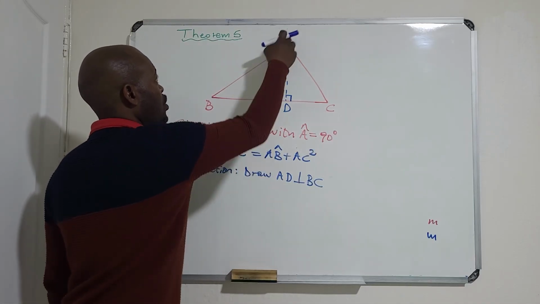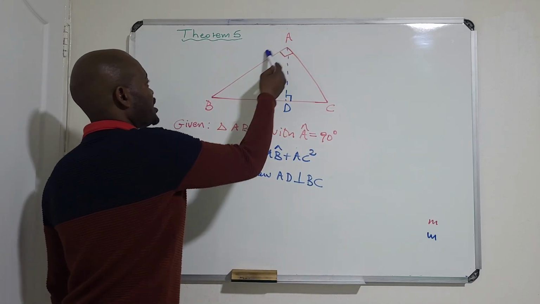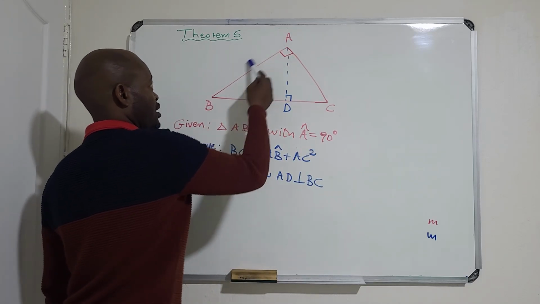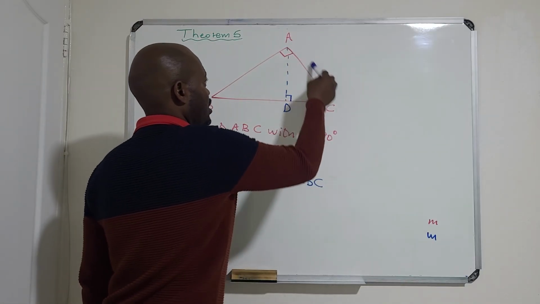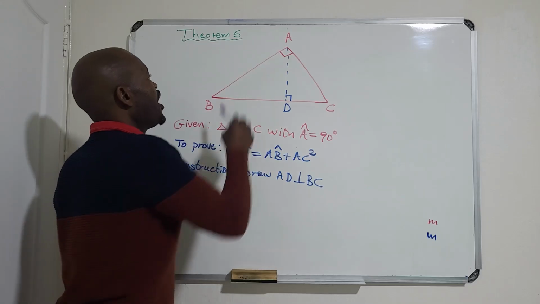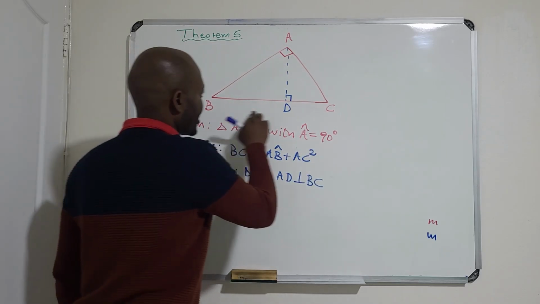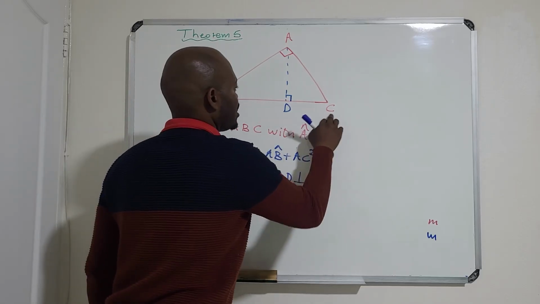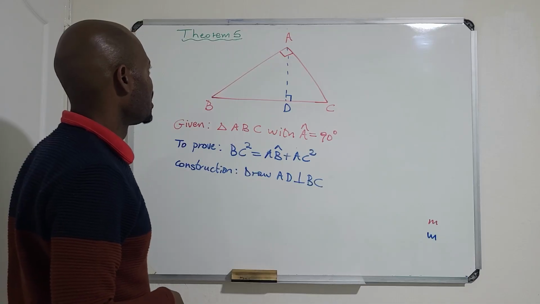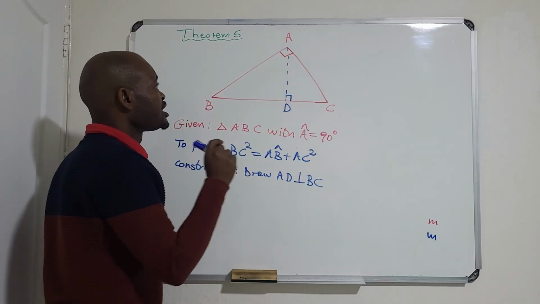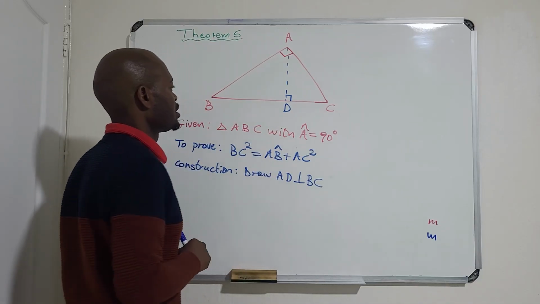Now, for us to prove that BC squared is equal to this squared plus this squared, we need to get this side squared and get this side squared, then add the two sides which are squared so that they can give us this side squared. But how do we go about that? We are going to use similarity. We are going to use equiangular triangles.